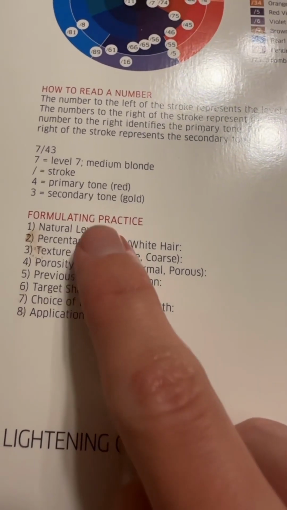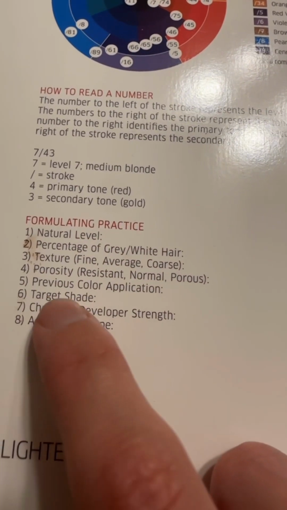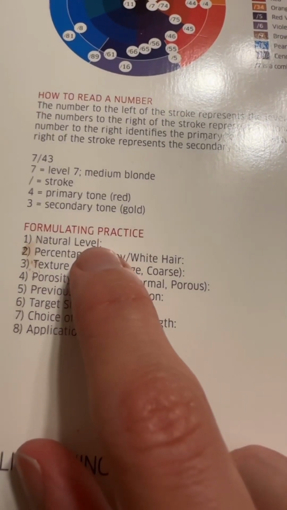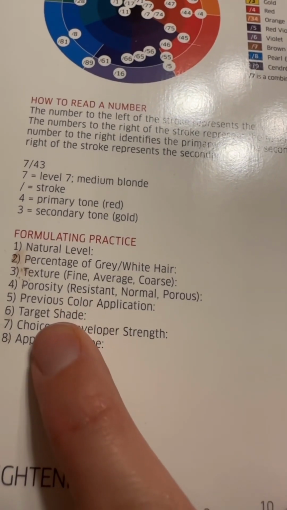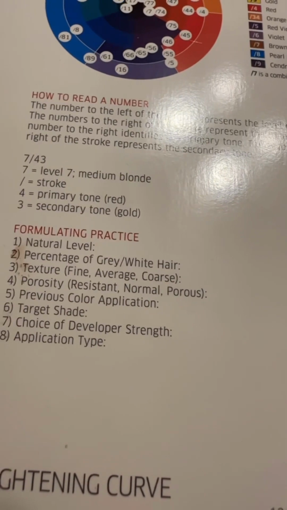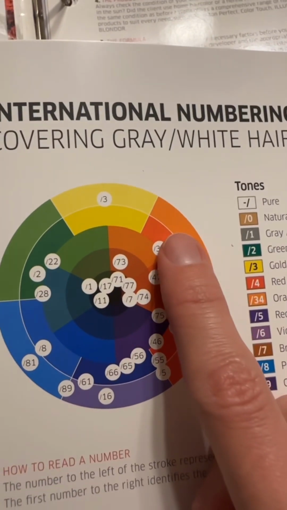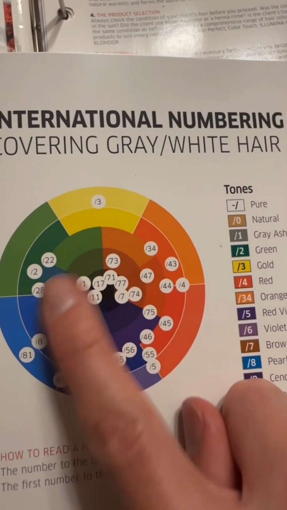So we need to go from 1 to 6. We need to think about those two things at the same time. What's our target shade? What are we starting with? This is what we want to get to, and this is what we have now. So we need to think about all of that when trying to formulate here. And it's what we use to determine what's going to be our underlying pigment.